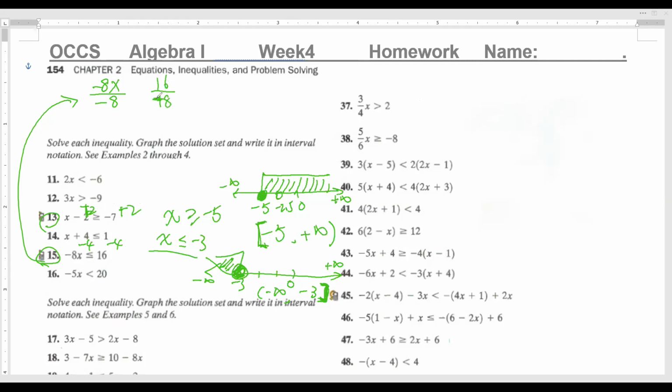Sorry, -8. So what does it mean? It means -8 is a negative number, right? So this inequality sign must change from less than or equal into greater than or equal, right? Change directions. So after that, everything will be the same.